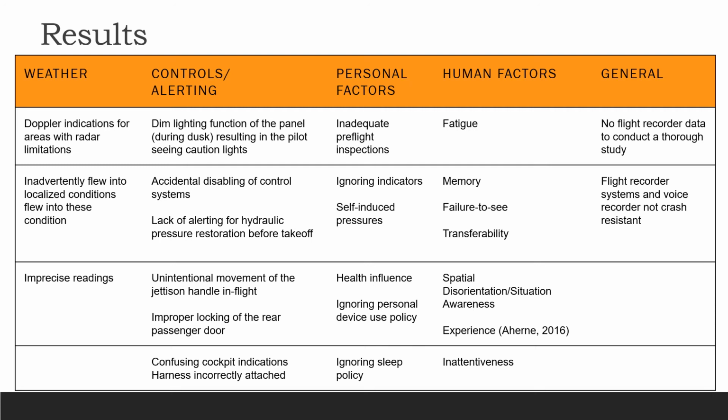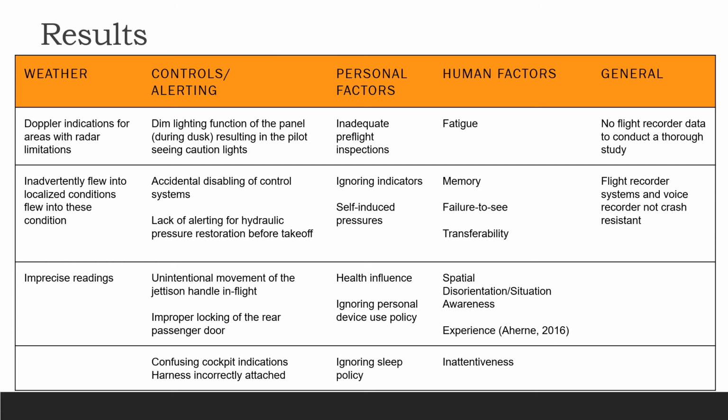And then with controls and alerting, or the lack thereof, controls were sometimes out of place during checks or because of unintentional movements, and then sometimes there's just a lack of salience or awareness with certain controls because of lighting or dimming, as well as confusing indications.